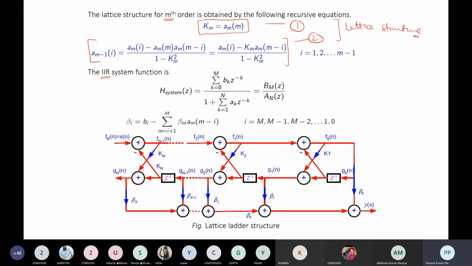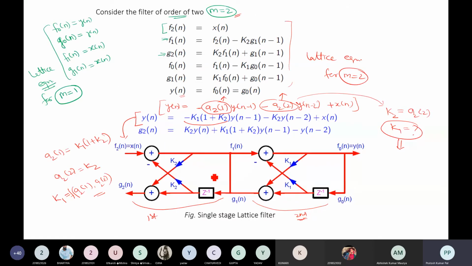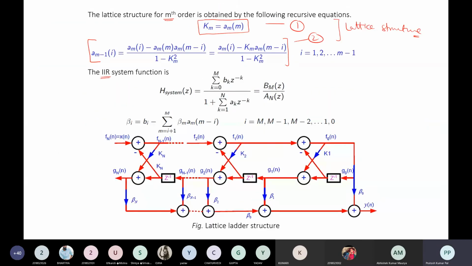So this realization was for all pole system. Okay, but if any IIR system is there that has poles as well as zeros, then that system will be represented by this.